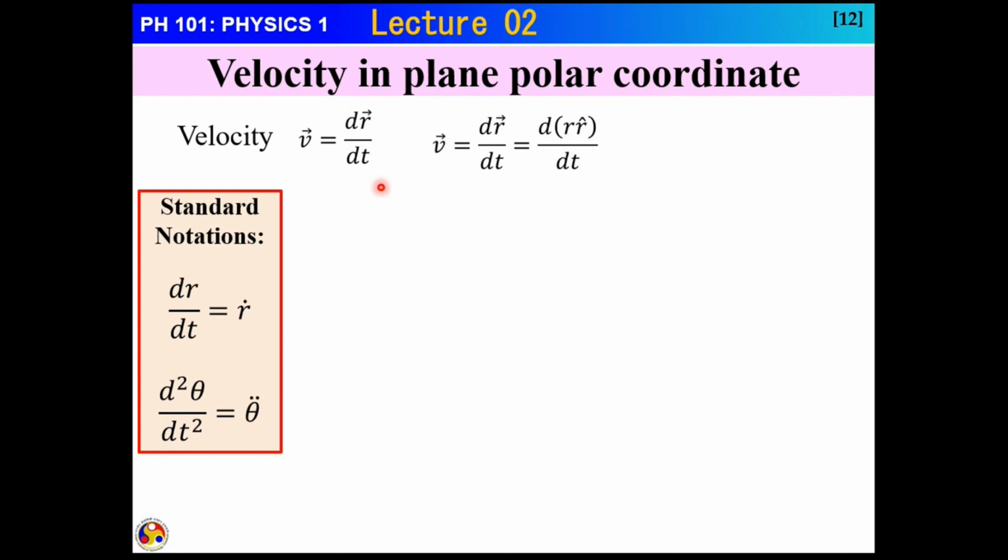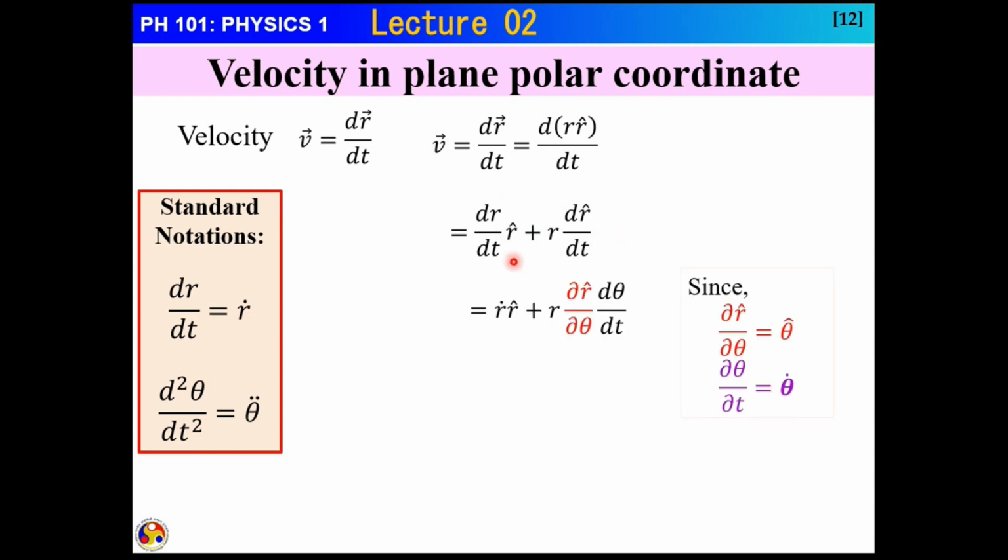Velocity is the rate of change of the position vector, and here we write the position vector as r r cap, and then we want to do the differentiation. There are two terms here, and we will get two terms after the differentiation by parts: differentiation of the first function into the second function plus first function into differentiation of the second. This is easy to find.